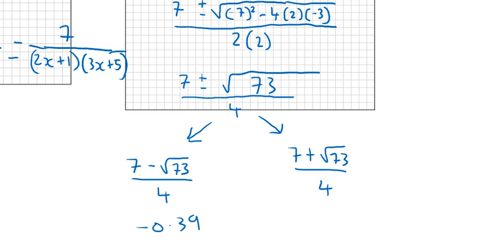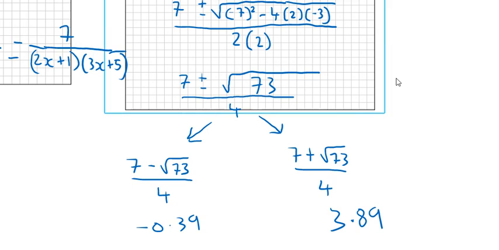And then the plus option will be 3.89. And I've rounded those off to 2 decimal places, as the question asked us to. So therefore we're done.